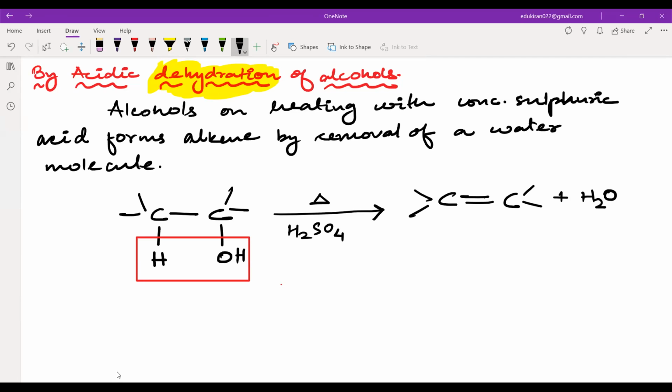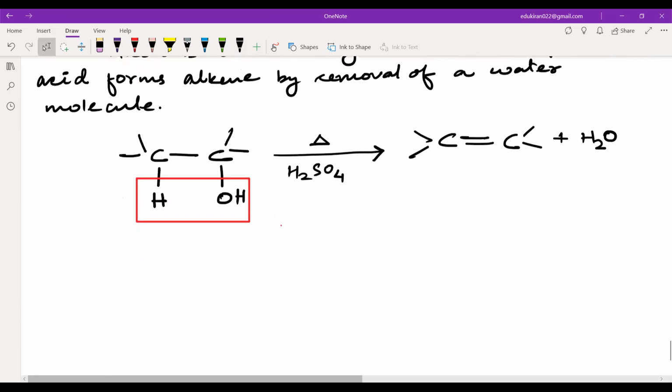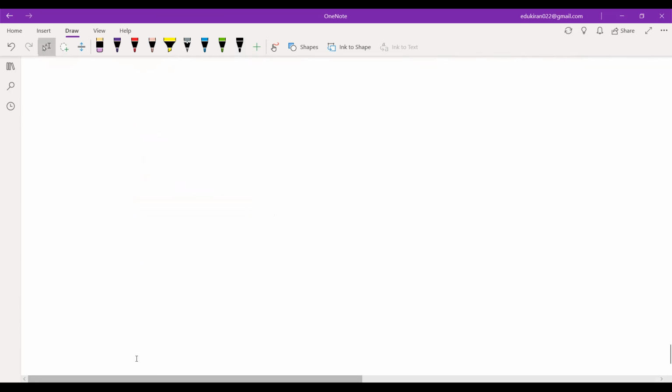Okay, write the mechanism. In the mechanism, we initially have H2SO4 and the alcohol molecule.